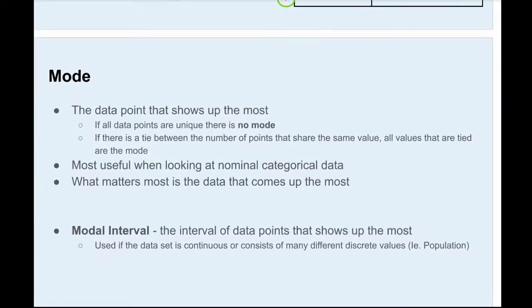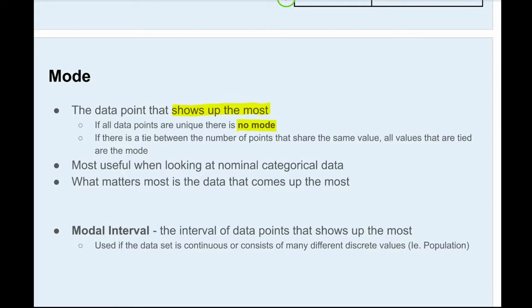Finally, the last one is the mode. The mode is the data point that shows up the most, or the value that shows up the most. If all the data points are unique, then there is no mode, and you would state no mode. You would not state 0, because if we see a mode of 0, that means we're assuming that 0 is the value that comes up the most.